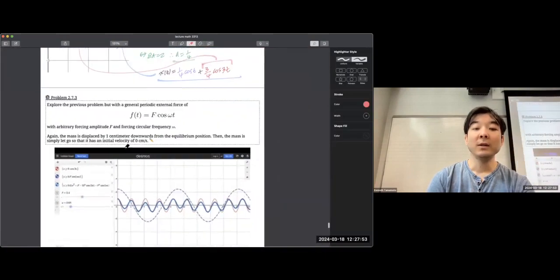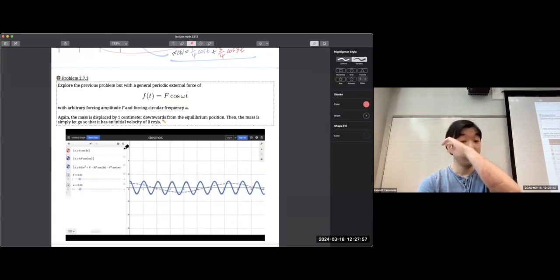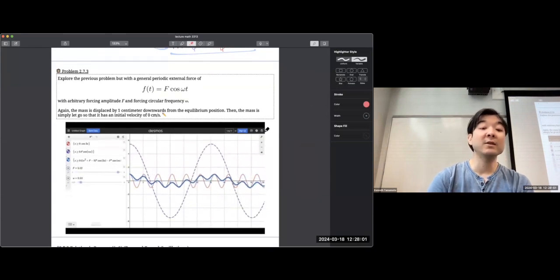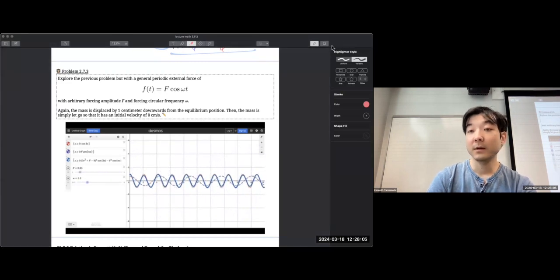So we could play around with this and see what kinds of behavior you might expect based on different kinds of forcing. So let's see if I can open this.